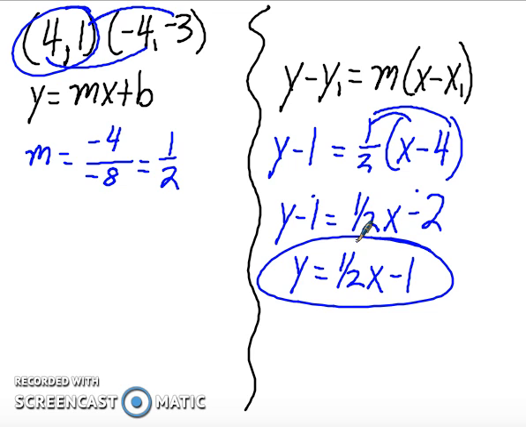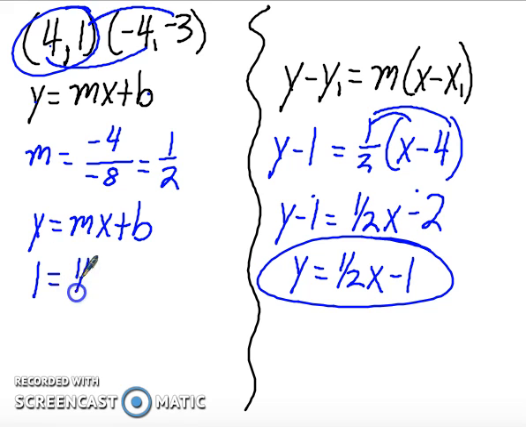Sure. The problem is we don't have a b here. So in order to find the b, much like point slope, we're going to have to plug in a point. We're just going to plug them in here for the x and y. So this is what we would do. We would choose a point again. Here's our x, here's our y. So using y equals mx plus b. Y coordinate is 1.